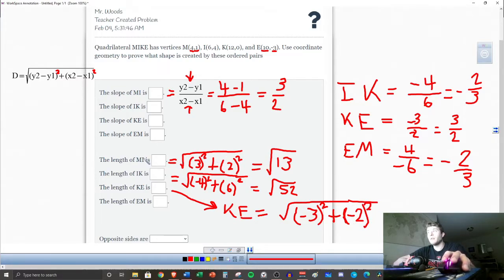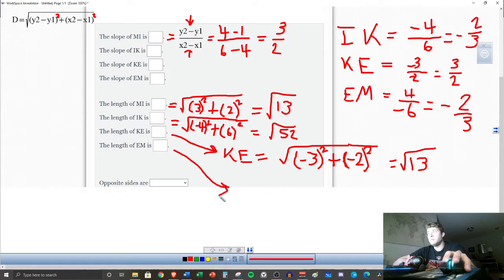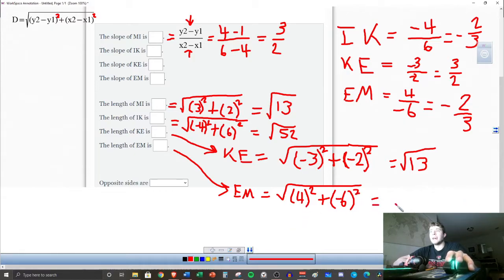So this is actually equivalent to what we did for MI, 3 squared plus 2 squared. 9 and 4, this is going to get us the same thing, the square root of 13. And then we'll do EM, which is going to be positive 4 squared plus negative 6 squared. We're going to get the exact same thing as we did up above.